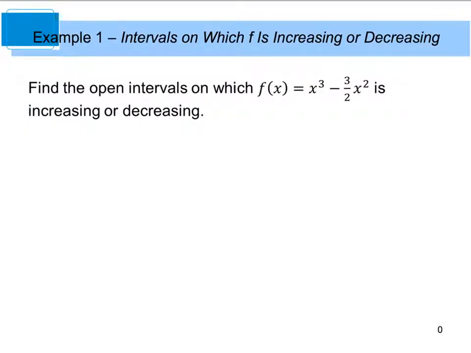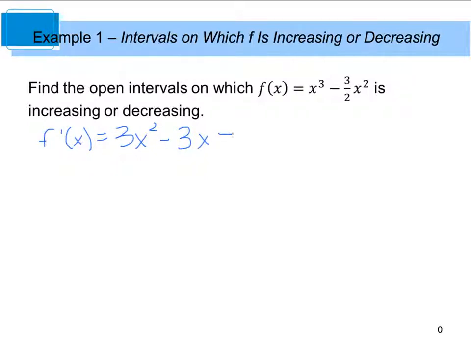So let's look at example 1, where we have to find the open intervals on which the function f of x equals x cubed minus 3x squared is either increasing or decreasing. The first thing we're going to want to do is take the derivative. So f prime of x equals 3x squared minus 3 halves times 2 is going to give me 3x.